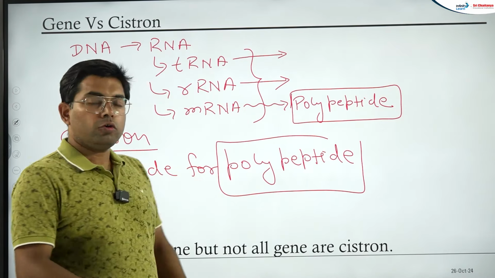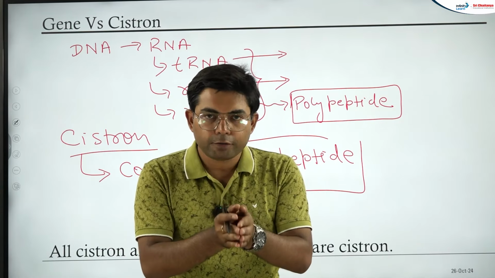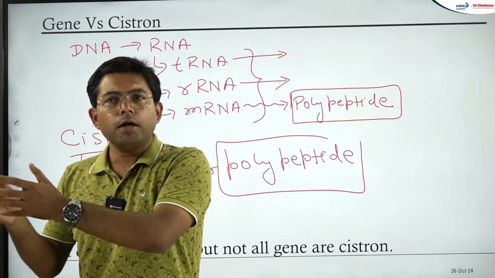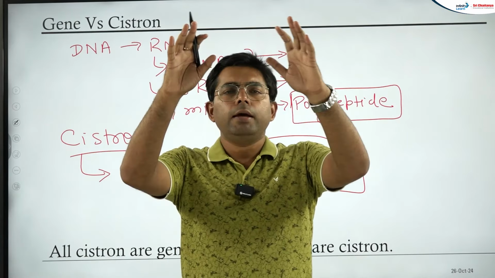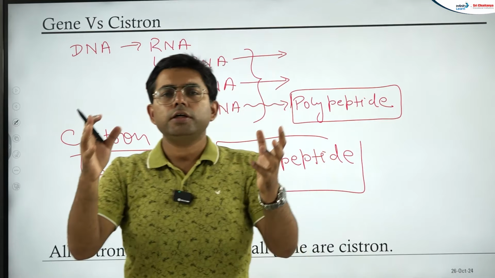Right? So now the difference is very clear: a segment of DNA which codes for a polypeptide is called a cistron, but overall if it forms mRNA, tRNA and rRNA, it will be called a gene.